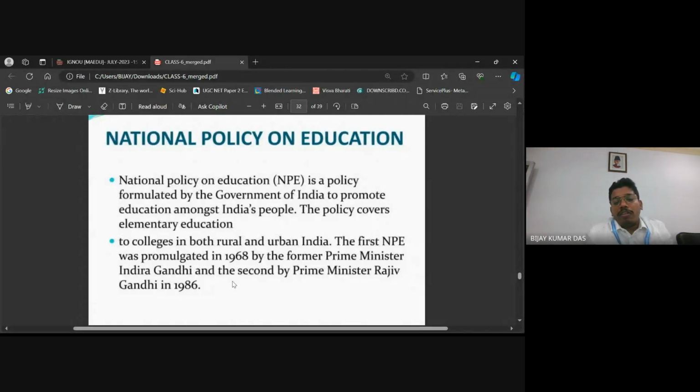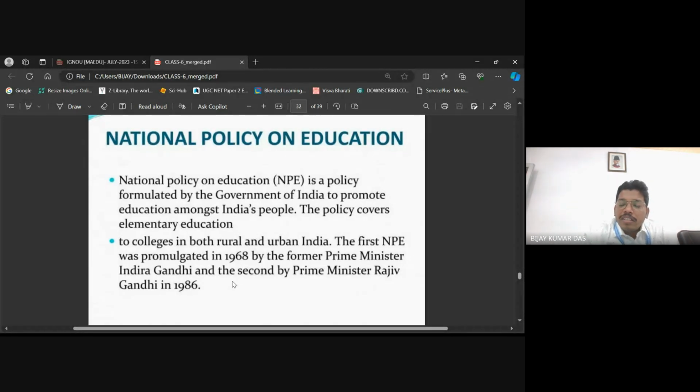Another thing you can talk about is the policy perspective, national trends, new trends. Then we can see the past, that is the National Policy on Education 1986. The National Policy on Education, NPE, is a policy formulated by the Government of India to promote education among India's people. The policy covers elementary education up to colleges in both rural and urban India.